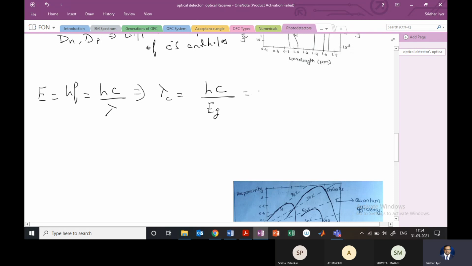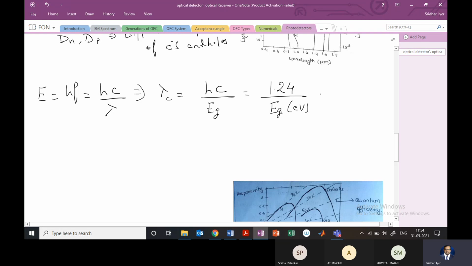H into C, Planck's constant into the speed of light, gives a value of 1.24 divided by EG, which is in electron volts, right? So this is the wavelength dependence of any semiconductor material over a particular wavelength.